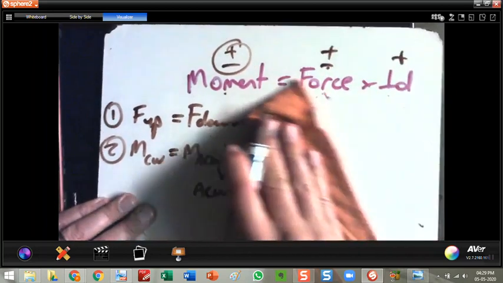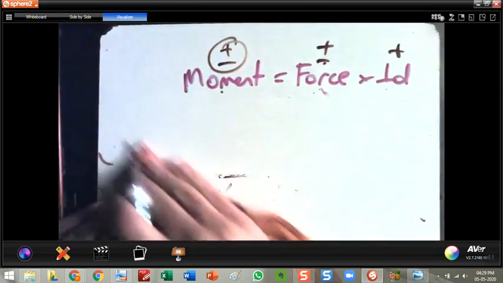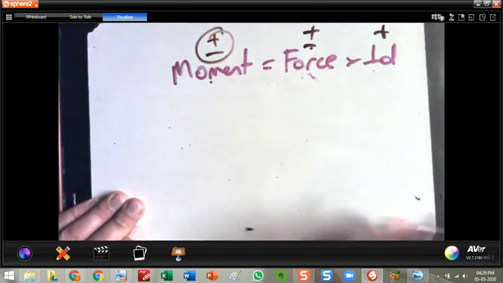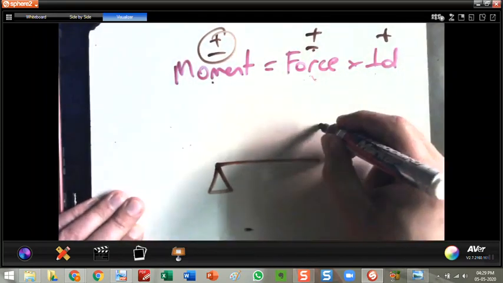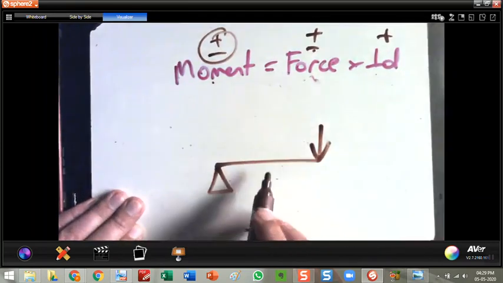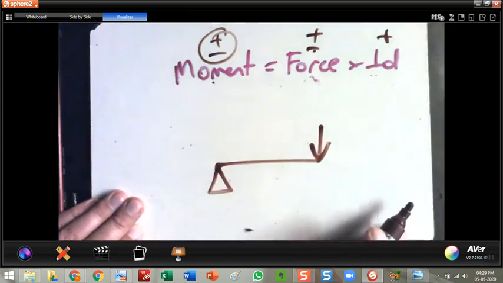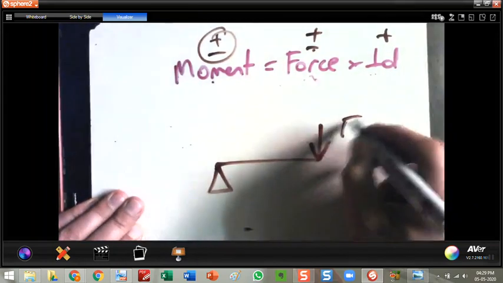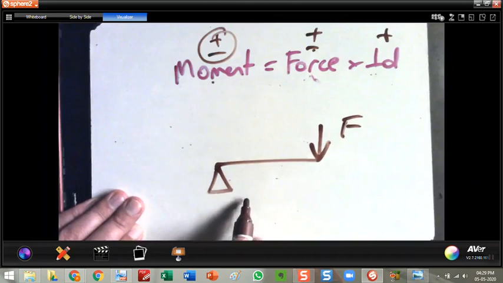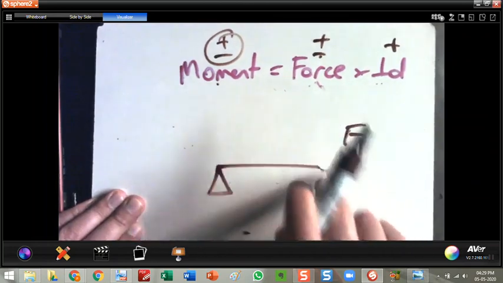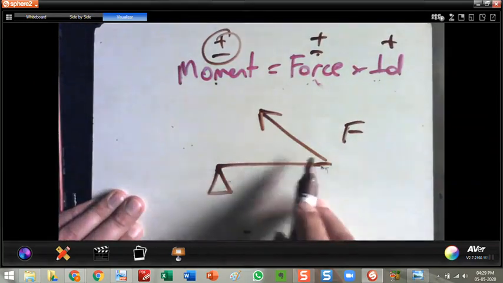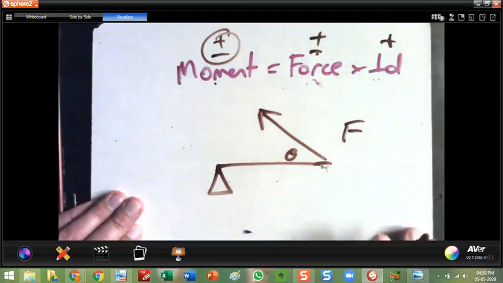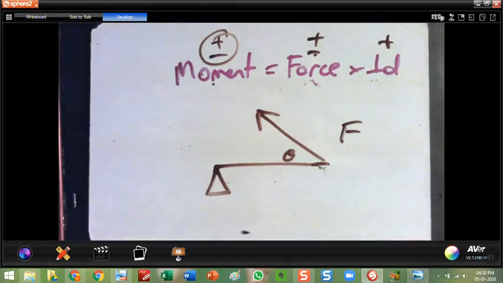So if we have a force, this force must be perpendicular to the pivot. If we have something like this, here is a force at an angle of theta. This force has two components.